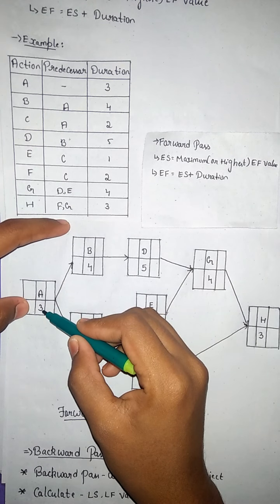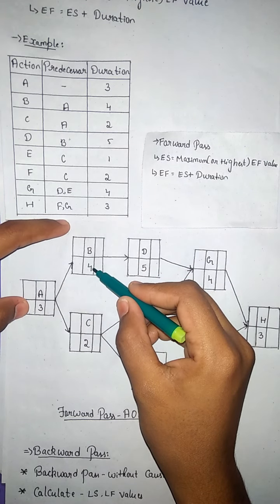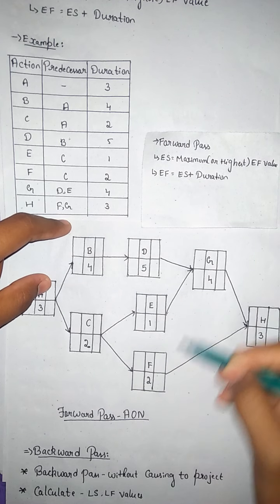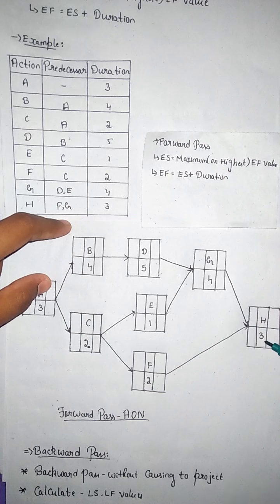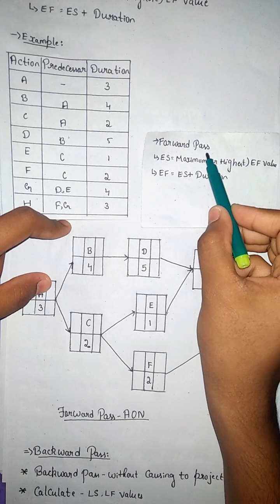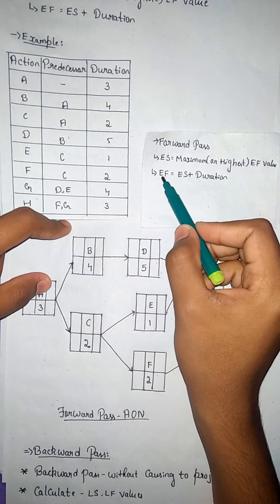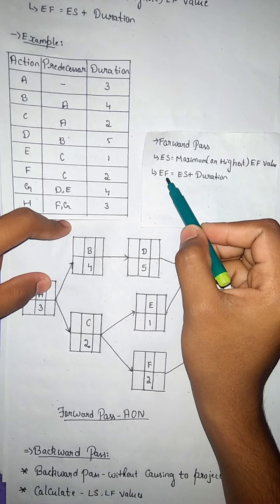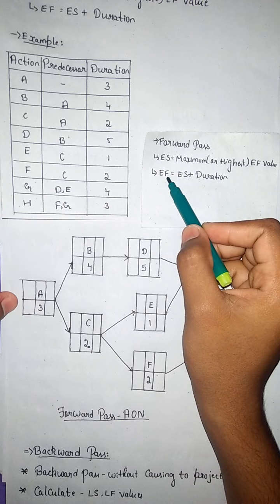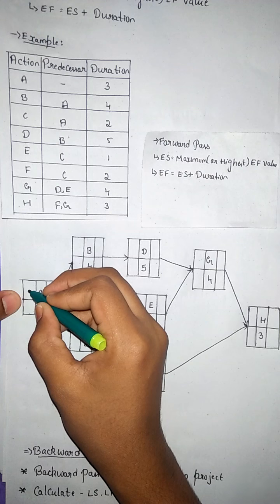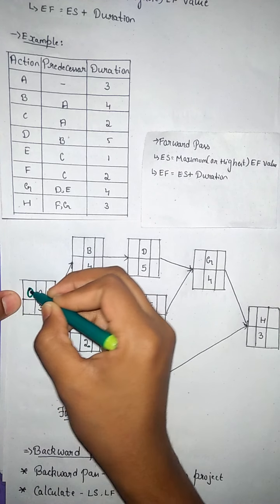A has a duration of 3, B has a duration of 4, C has a duration of 2, D has a duration of 5. For E, 1, F, 2, G, 4, H, 3. So, by using the forward pass formula, we calculate the early start and early finish values. In the forward pass, the early start value should initially start with 0.